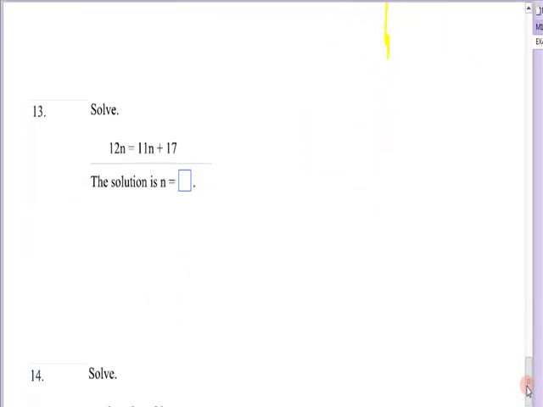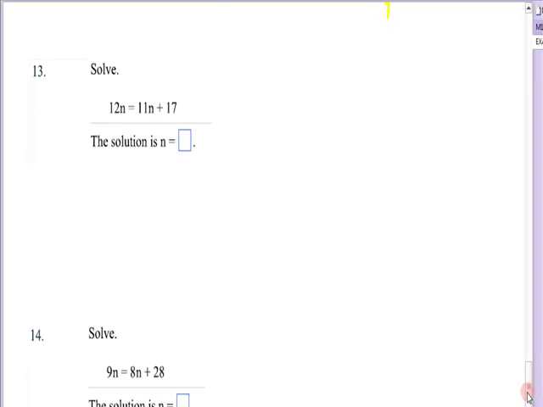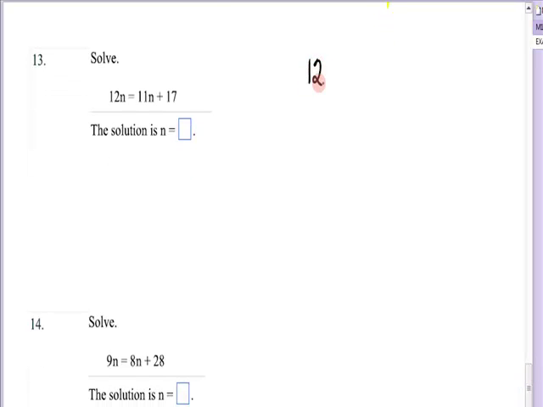Okay, I've just got 2 more. I skipped a couple. I have 12n is equal to 11n plus 17. Now I need n by itself, but I have n's on both sides. This is the kind where if you have a variable on the left and a variable on the right, you have to get rid of one of them.